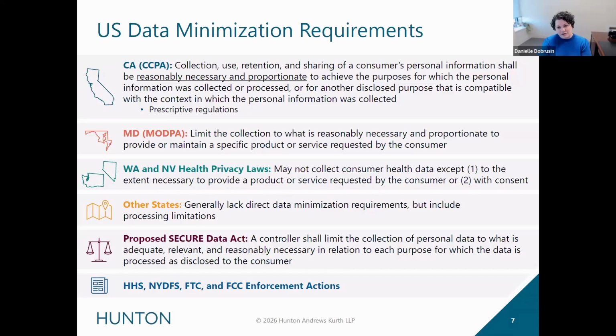I'll also flag a potential standard under the newly proposed Federal Secure Data Act, which would draw on GDPR language and require controllers to limit the collection of personal data to what is adequate, relevant, and reasonably necessary in relation to each purpose for which the data is processed as disclosed to the consumer.